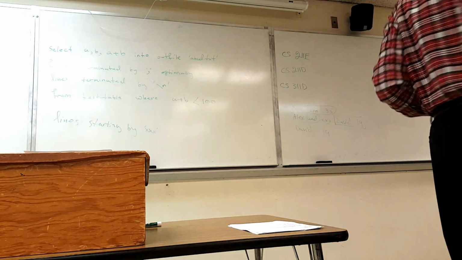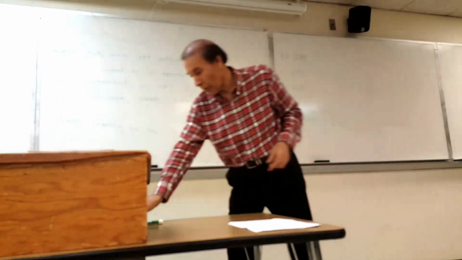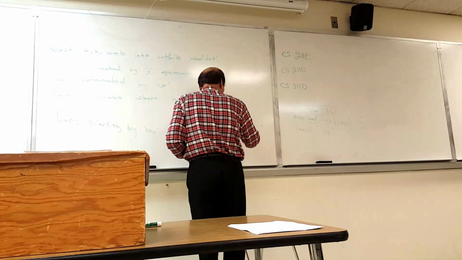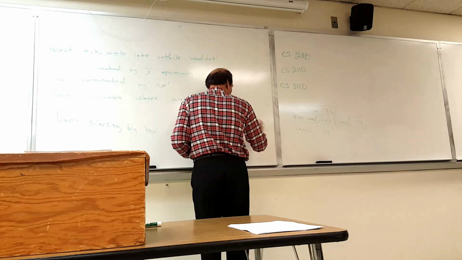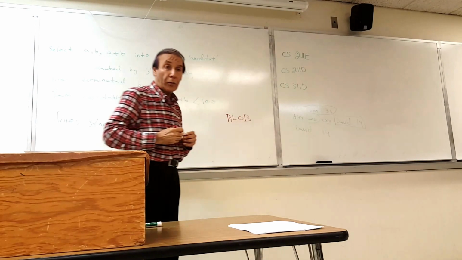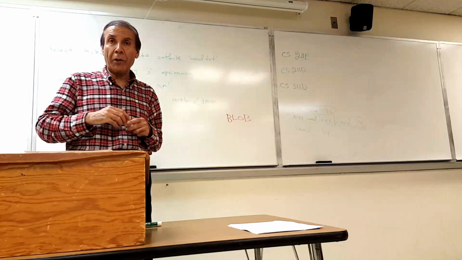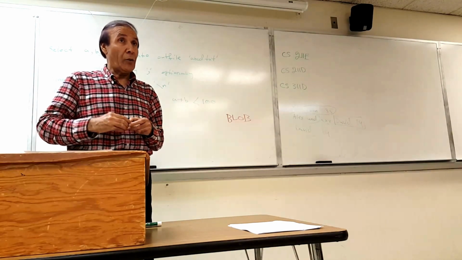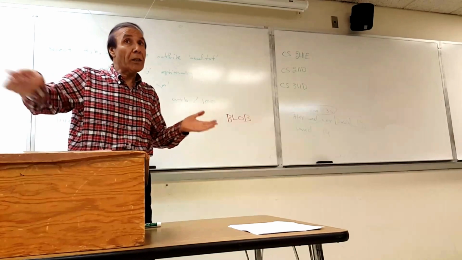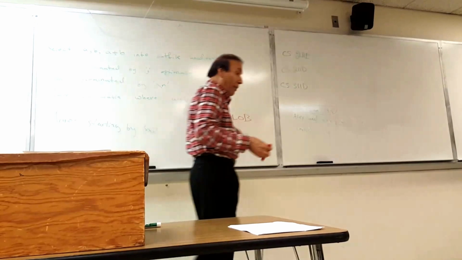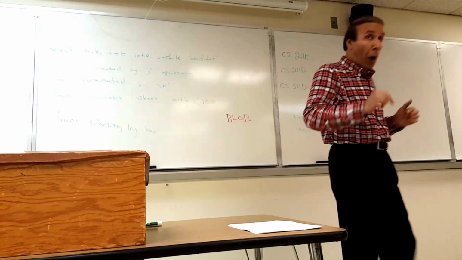Blob, B-L-O-B. Let me write it down for you. The reason that I did not bring this up was I was thinking that you guys are familiar with that, because I was thinking that in your previous courses related to database or MySQL, you have learned about what blobs are, okay?